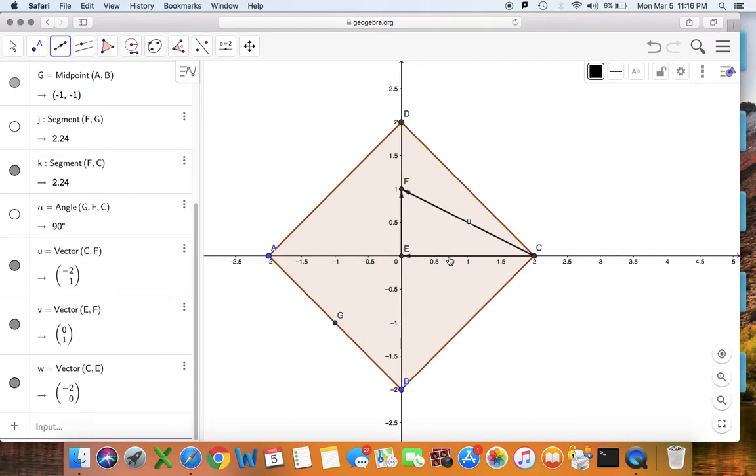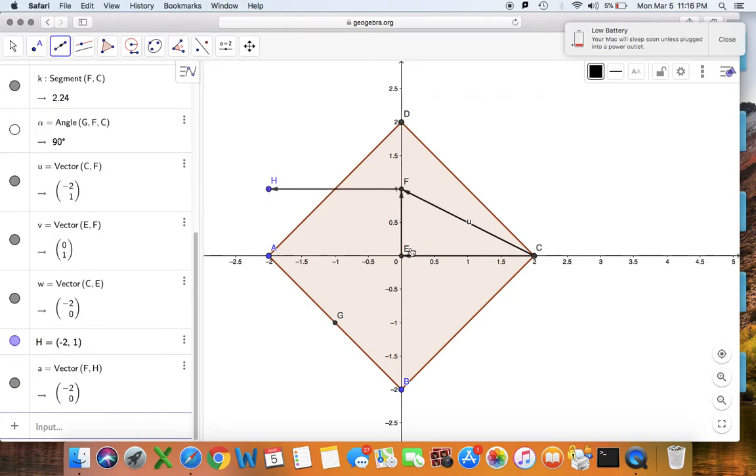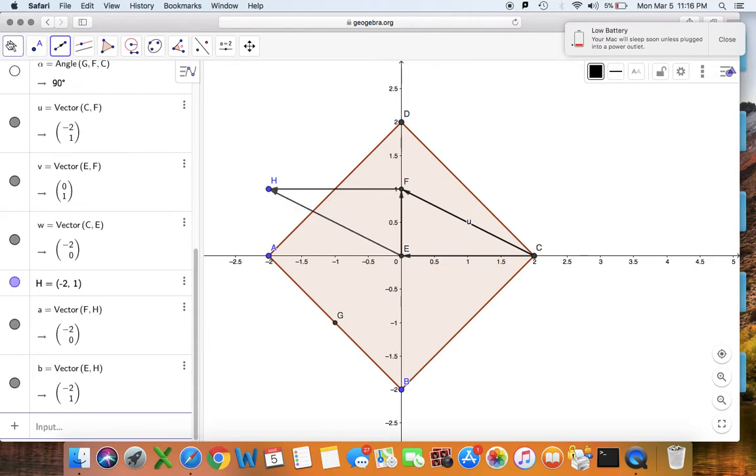We add them tip to tail, so we're going to take the tail of this guy and drag it here. We know it's 2 unit lengths, so we will go 2 unit lengths this way, and our resulting vector will be this. So this new vector right here is equivalent to u.